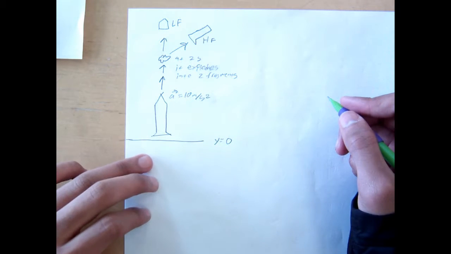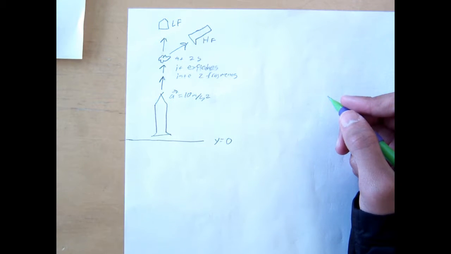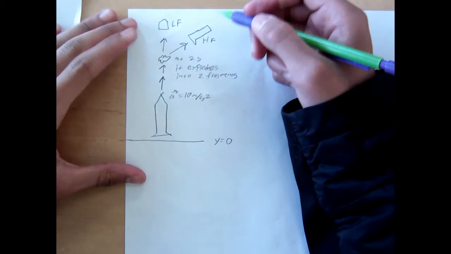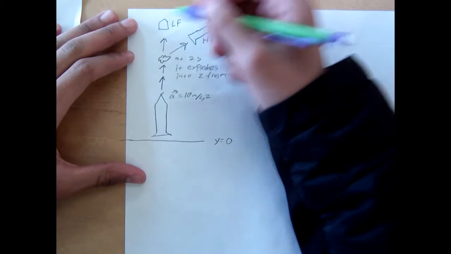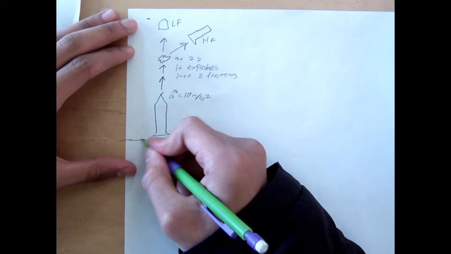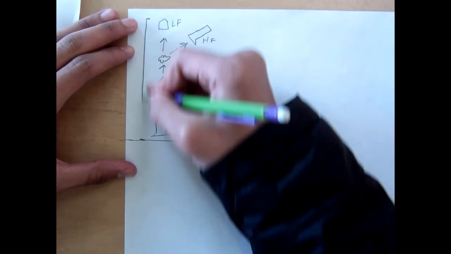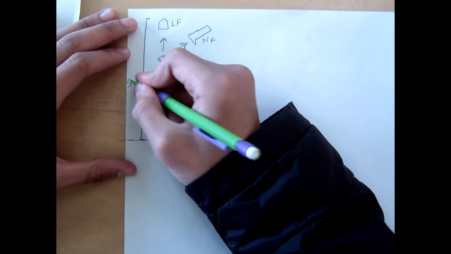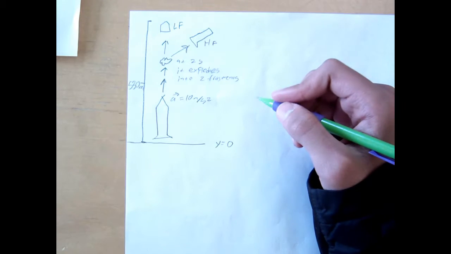It also tells us that the lighter fragment reaches a maximum height of 530 meters. So we know that the distance from here to here will be 530 meters.